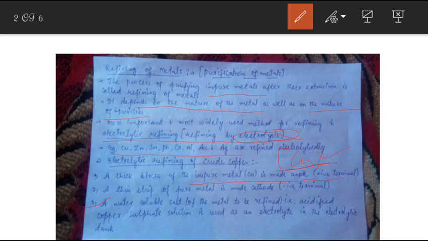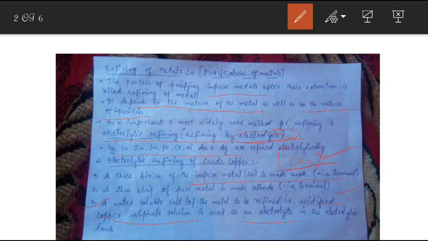Here we have to refine copper, so we will use a salt solution of copper, for instance copper sulfate solution. So we have to make it acidified, in copper sulfate solution we will add some amount of acid. That acid may be hydrochloric acid or sulfuric acid. It is used as an electrolyte in the electrolytic tank.